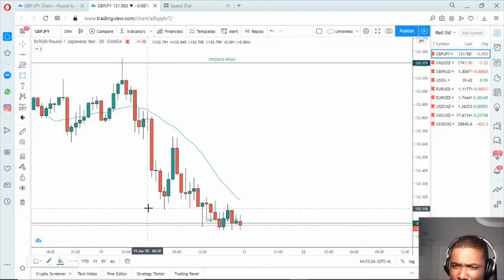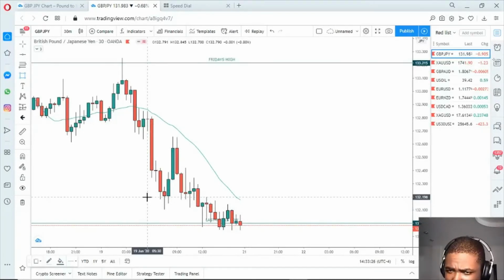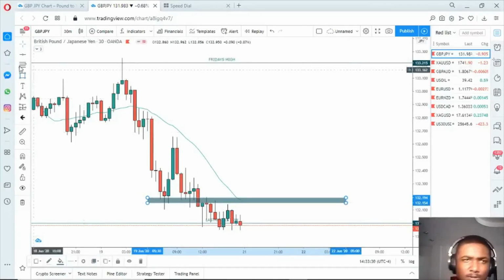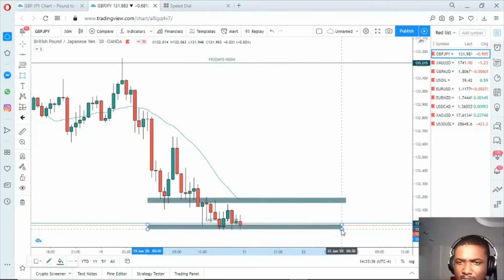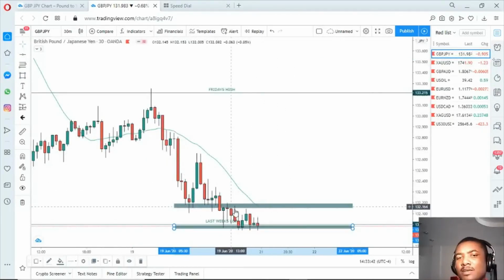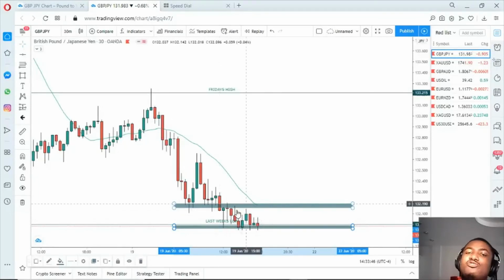So we have a zone somewhere around 132.20, just about here. That's the first area of resistance, and then the most recent area of support is just around 132 flat where we are currently. So that shows me the range that price is currently trapped within.